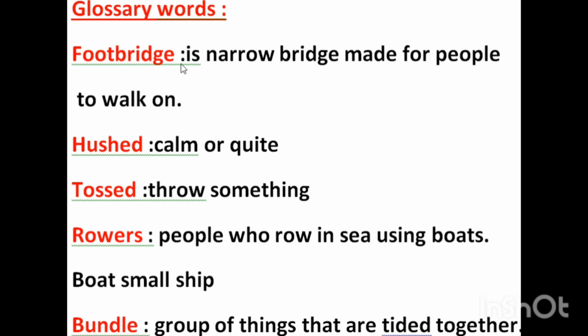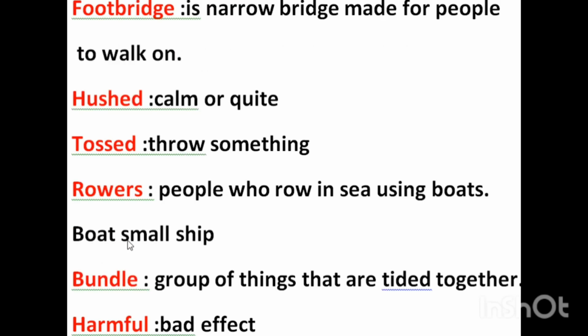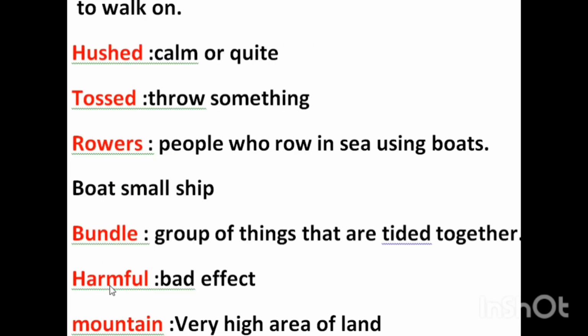Footbridge. What does it mean? It is a narrow bridge made for people to walk on. Hushed, calm or quiet. Tossed, throw something. Rowers, people who row in the sea using boats. Boat, small ship. Bundle, a group of things that are tied together. Harmful, having a bad effect.